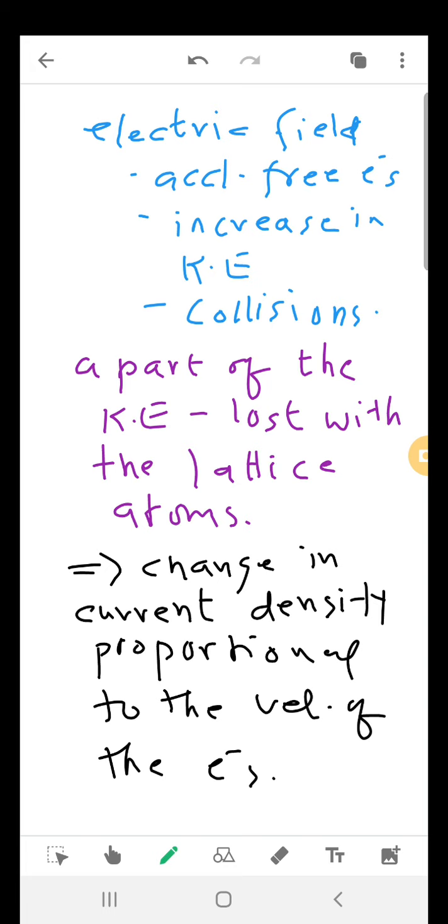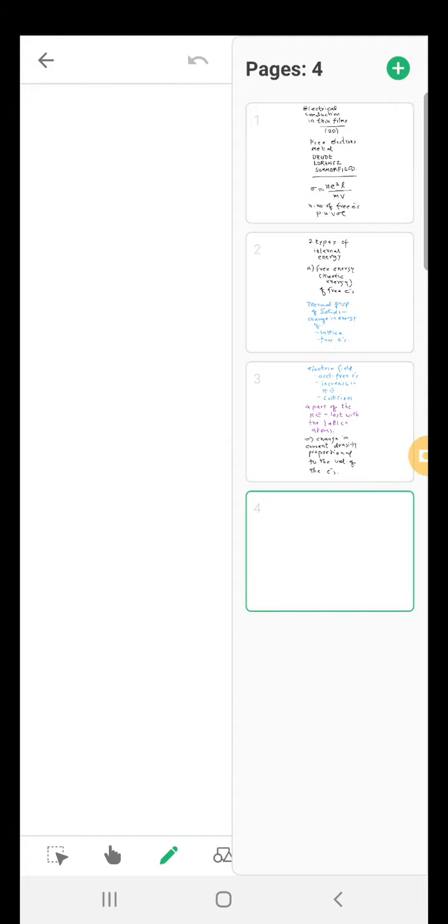In between these collisions, suppose a collision has taken place. So this is the collision. They follow a zigzag path.